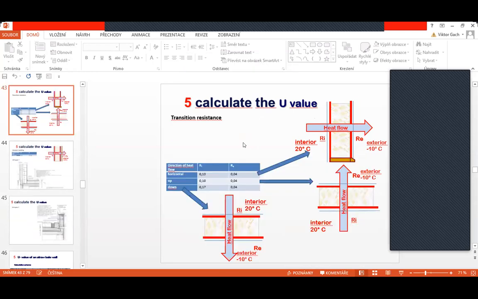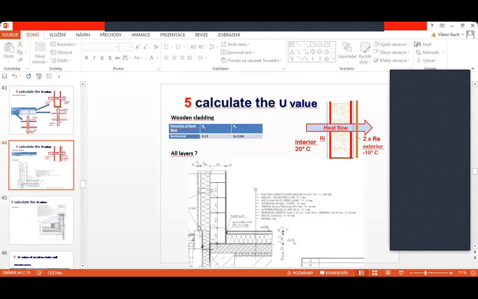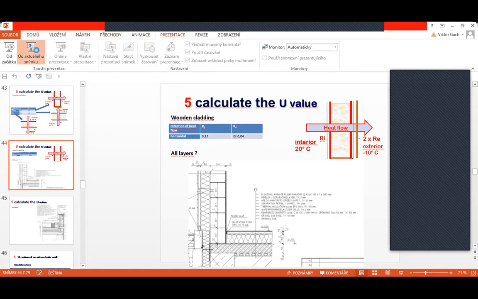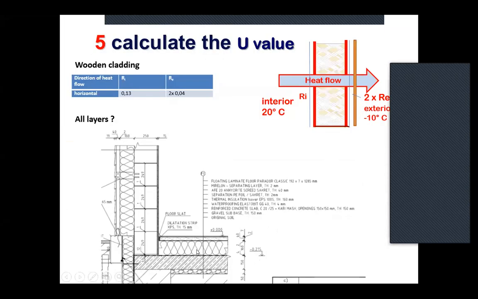Yeah, for example, here, I hope it is visible. Do you see a 5? Calculate the U value, a presentation. Yeah, a picture. Here you see on this picture a detail of a wall with outside cladding, whatever. It's not important now.